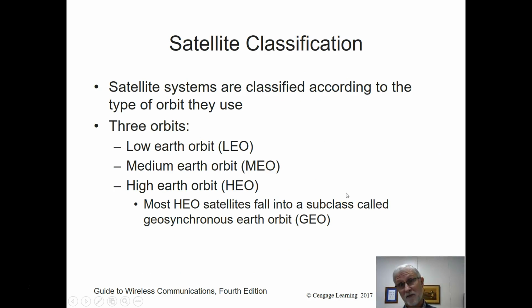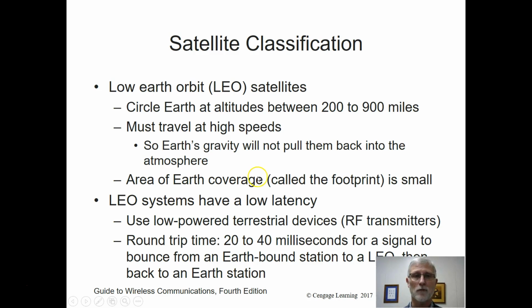Now, as far as satellites are concerned, there are three different classes, based on the orbit they have: low Earth orbit, medium, or high Earth. The high Earth, you may have heard it called a geosynchronous orbit, where it looks like it's stationary over top of the Earth.